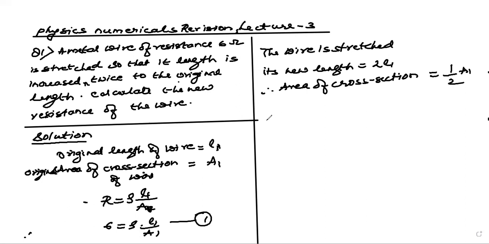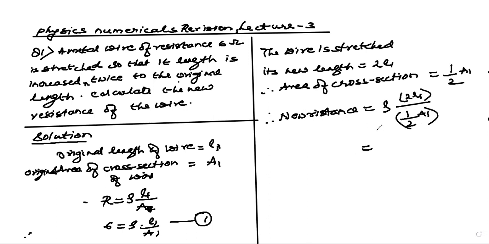Now listen here. They want the new resistance. So how can I get my new resistance, children? You can clearly see here, the new resistance should be equal to rho into the new length, twice L1, upon the new area, half of A1.